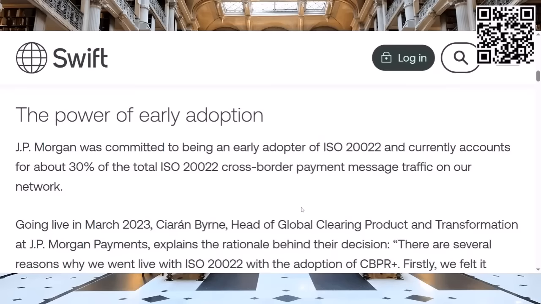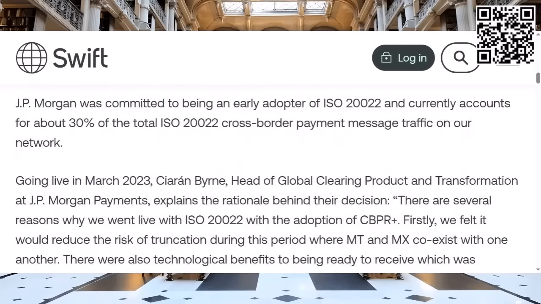And currently accounts for about 30% of the total ISO 20022 cross-border payment message traffic on their network. I mean, say what you want. I think SWIFT plays a large role with this, but we know that SWIFT, of course, has the whole thing with Chainlink, and they get their honorable flowers, but again, some of the other ones play a key role with it all. I'll read this quote.